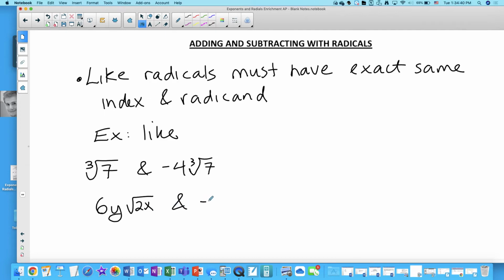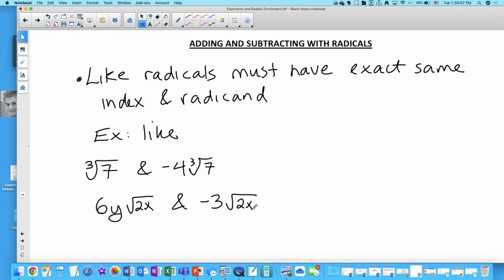In both of these cases, the index is the same, we're looking at cube roots, and the radicands are the same, a radicand of 7. In the second case, the index is 2, and the radicand is 2x.